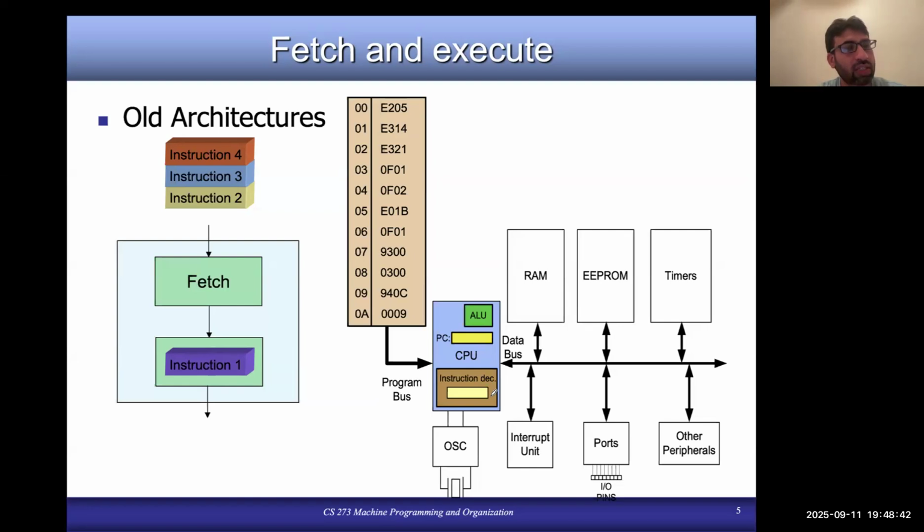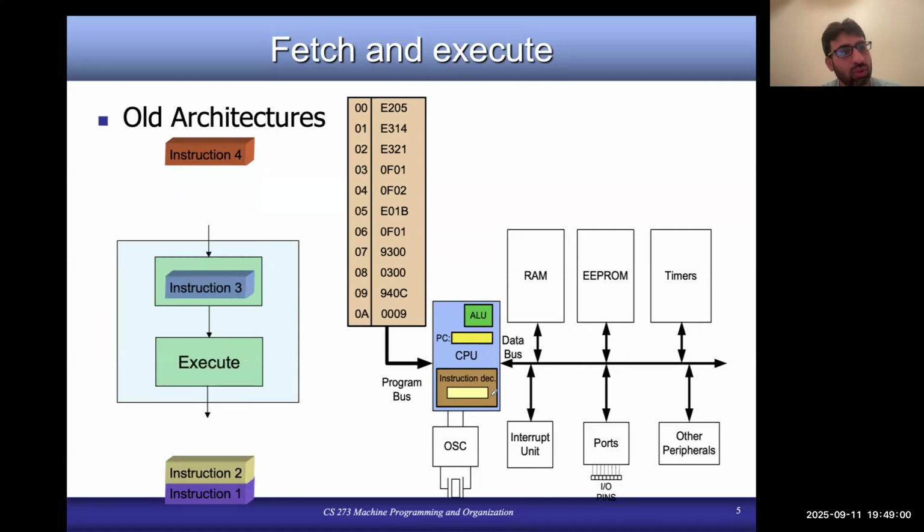So in the old architecture, what was happening was that you have only one instruction within a processor at a given time, right? So once you are done with instruction one completely, then you bring in or fetch the next instruction, instruction two. So it also moves through the stages, from the fetch stage to the execute stage. And once it goes out of the CPU, then you have the next instruction entering the CPU. And in this fashion, your program gets executed, right?